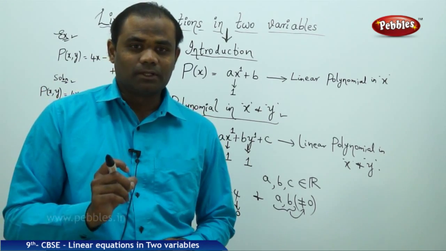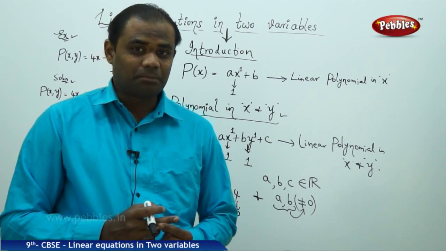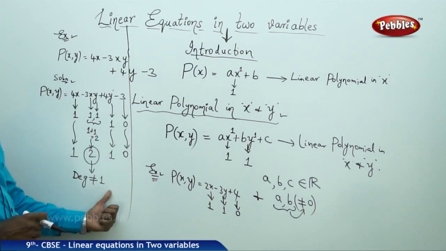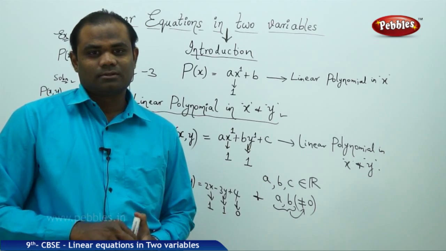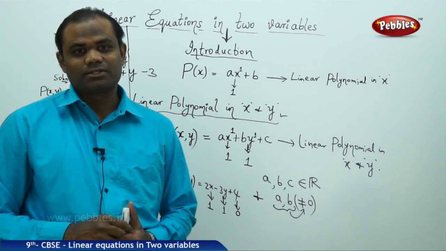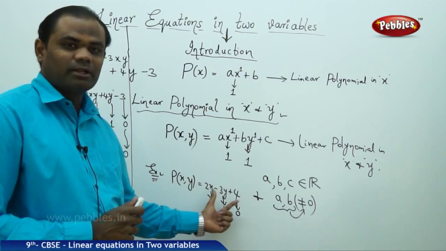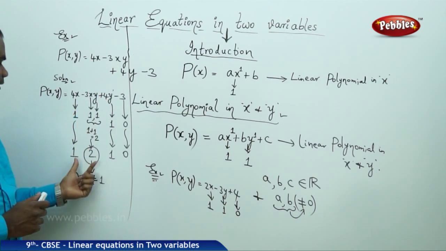For a linear polynomial, the degree must be equal to 1. The highest degree of the entire polynomial must be equal to 1. Degree 2 is not equal to 1. Therefore, the given polynomial does not satisfy the condition, is how we understand the concept. So this is a linear polynomial in x and y, and this is not a linear polynomial in x and y.